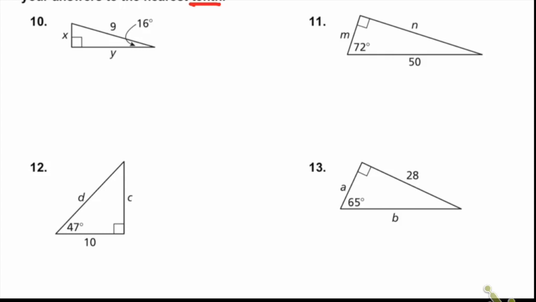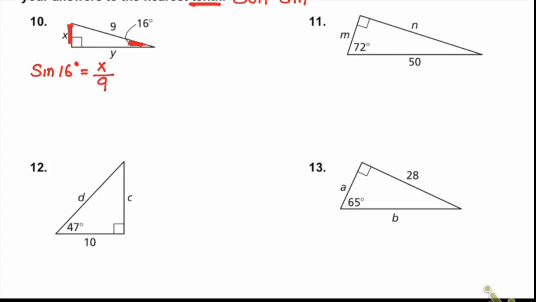Say this angle is given, so let's write down the ratio for sine. I know that sine is opposite over hypotenuse. So sine of 16 degrees is equal to, for this angle, the opposite is this one and the hypotenuse is 9. So x over 9.